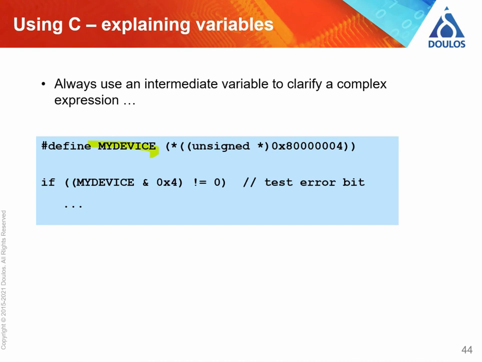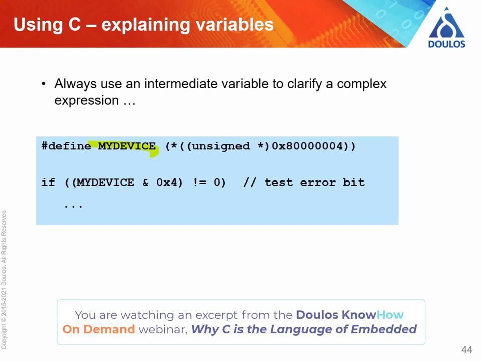Okay, so if that address is always going to be the same and it's going to be reused several times in different statements, having a named constant is going to make your code easier to understand. Okay, so now we can see that we're going to be doing an operation on the contents of my device and then comparing it with a test.